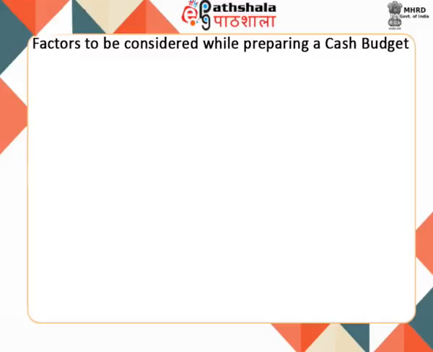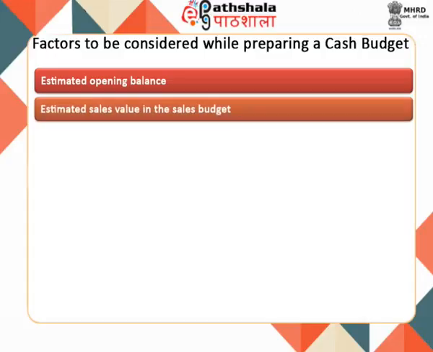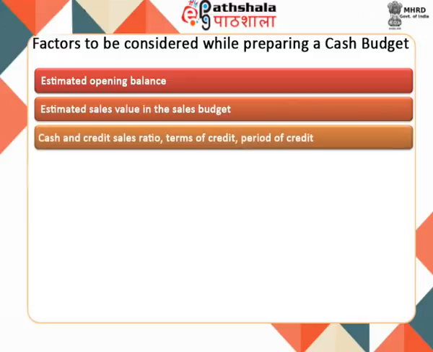The factors to be considered while preparing a cash budget are: 1. Estimated opening balance, 2. Estimated sales value in the sales budget, 3. Cash and credit sales ratio, terms of credit, period of credit, 4.